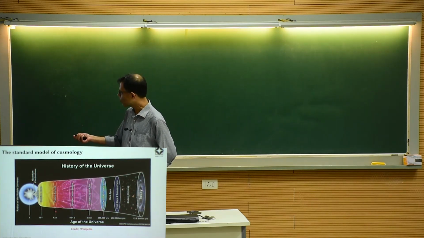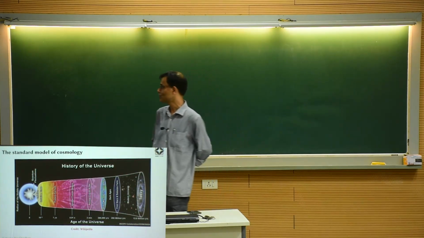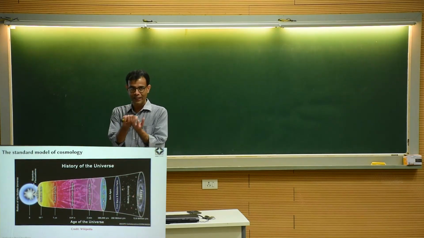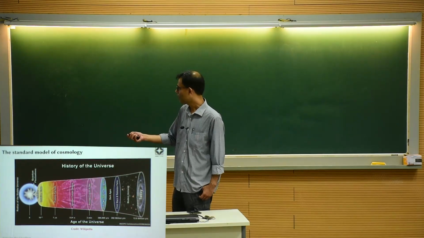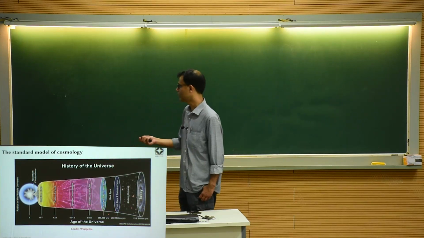At some point the protons form, because earlier even forming protons would have been difficult. This is just too much energy. At some point, nuclear fusion begins, so you can form some non-trivial nuclei. Then the atoms form, and the cosmic microwave background originates.